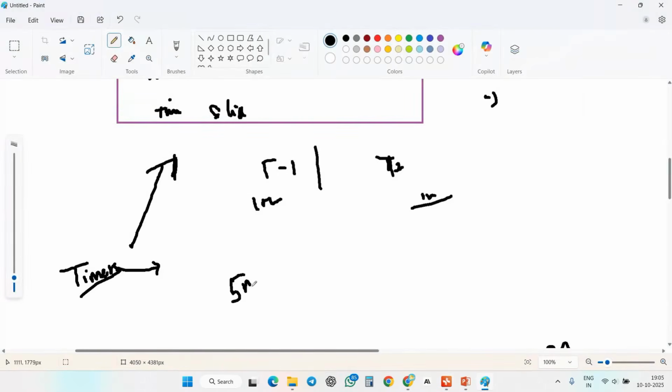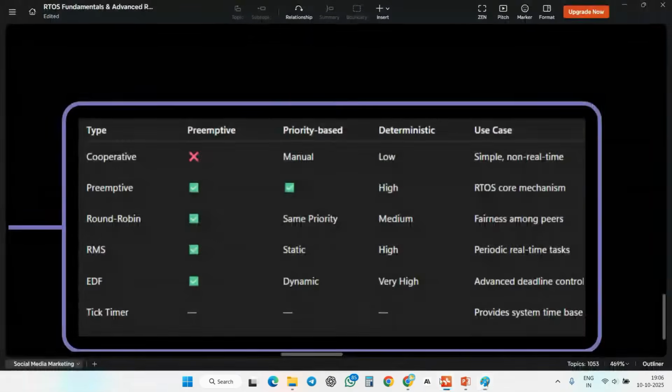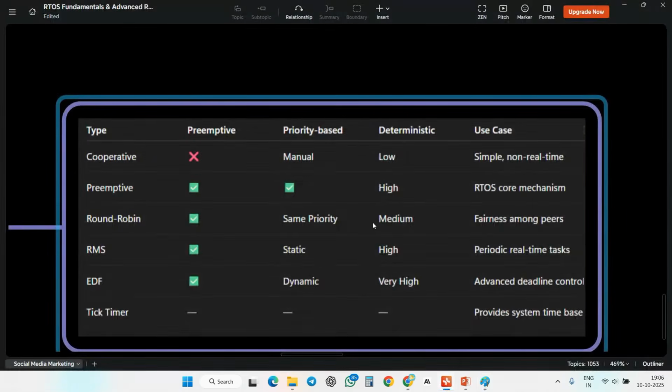If you schedule 5 millisecond, 10 millisecond tasks, we can't predict that the task will be completed in this time. So round robin is medium, with fairness among the tasks.